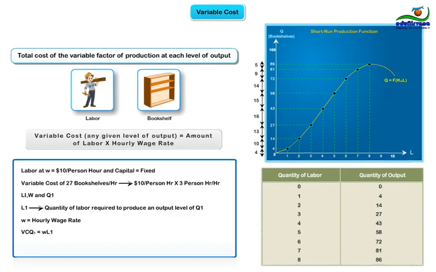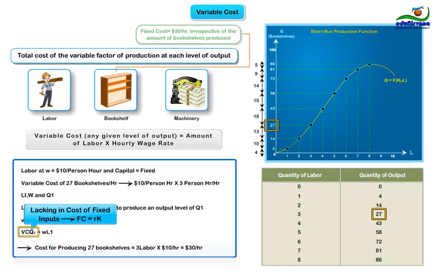Note the explicit dependence of VC on output in the notation on the left-hand side of the equation, which is lacking in the equation for the cost of fixed inputs.